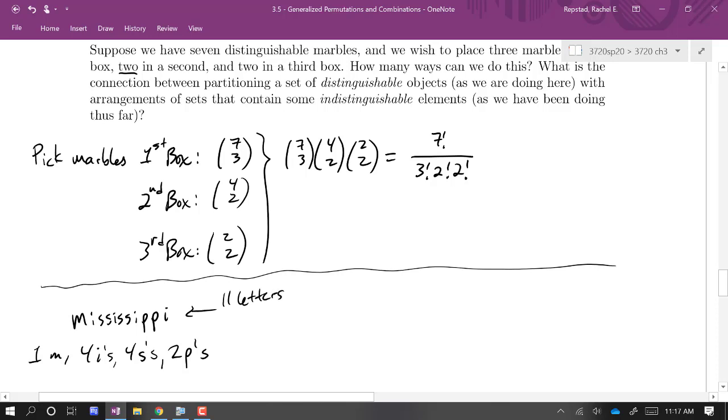And I said, well, think about these, that I have 11 spots to fill, right? So 1, 2, 3, 4, 5, 6, 7, 8, 9, 10, 11. What we were doing in that problem was picking the spots: pick the 1 spot that gets the M, pick the 4 spots that get those I's, pick the 4 spots that get the S's. So we were thinking about assigning the spots to each of the letters.